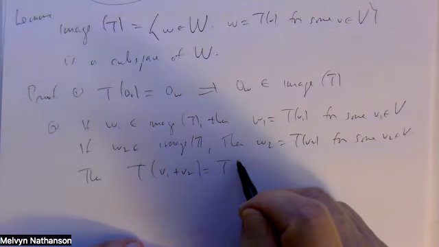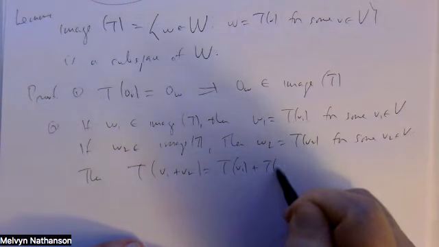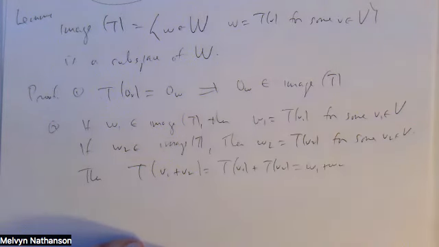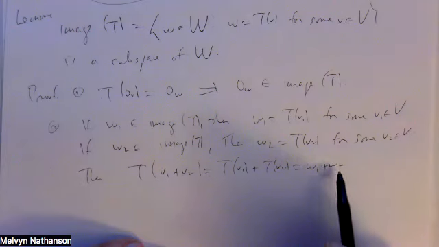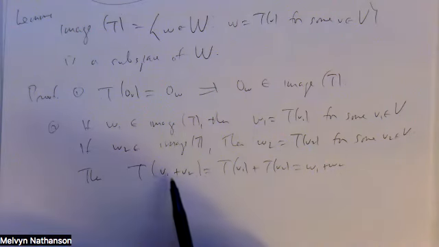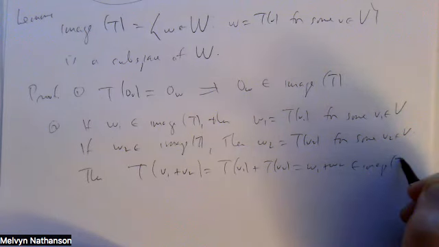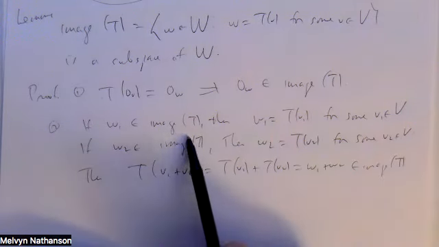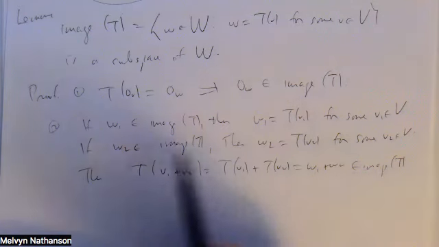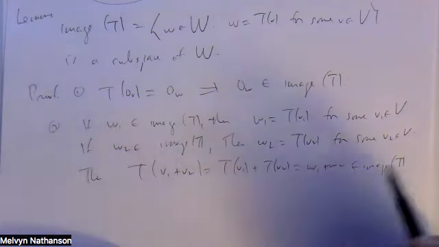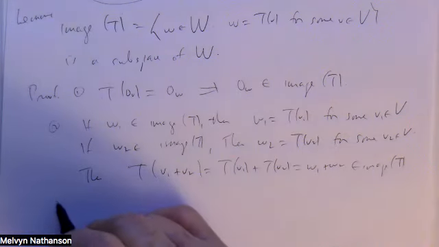By linearity, this is T of V1 plus T of V2. That's W1 plus W2. So W1 plus W2 is the image of the vector V1 plus V2. This is in the image of T. So the image of T is closed under vector addition. If W1 and W2 are any two vectors in the image, then their sum is also in the image.